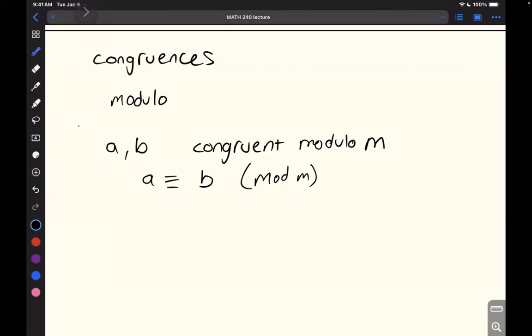And we say that this is the case if a minus b is divisible by m.